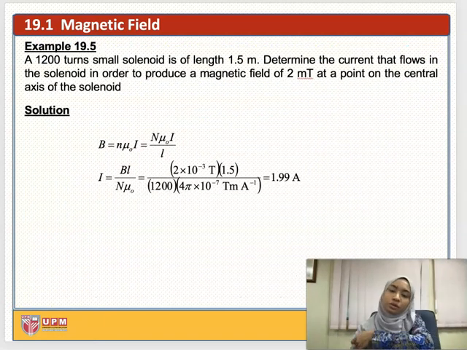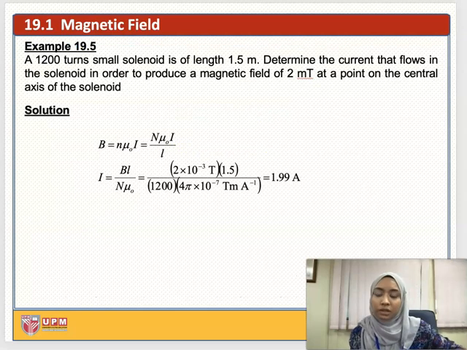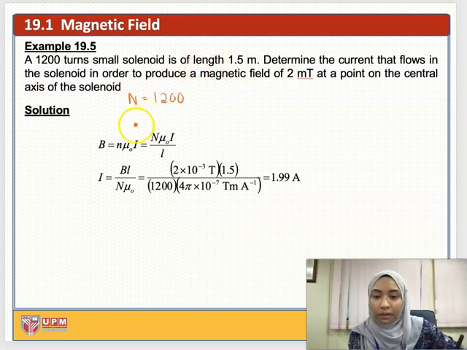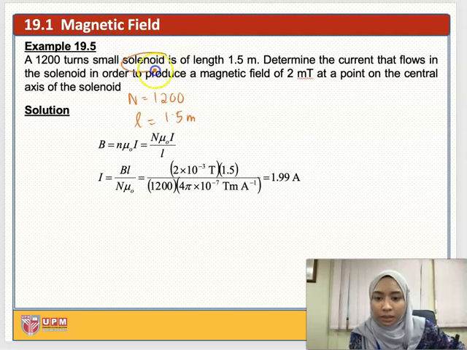Okay, so example, 1200 turns, so N is equal to 1200, is of length 1.5 meters. So we already know that this is a solenoid, so we know the equation that we should use. Determine the current that flows in the solenoid in order to produce a magnetic field of 2 millitesla.